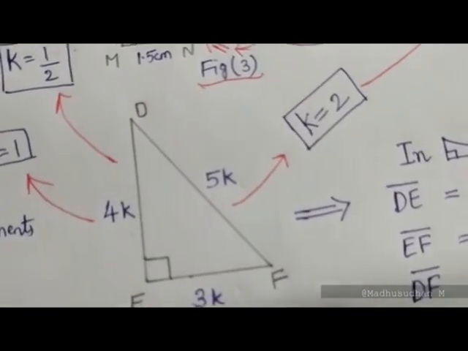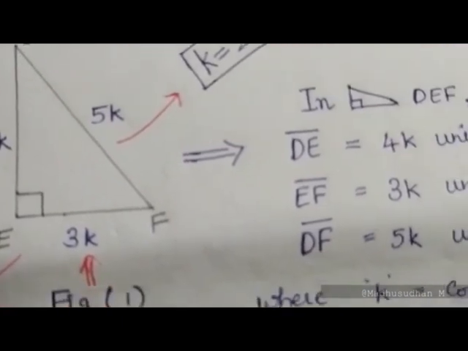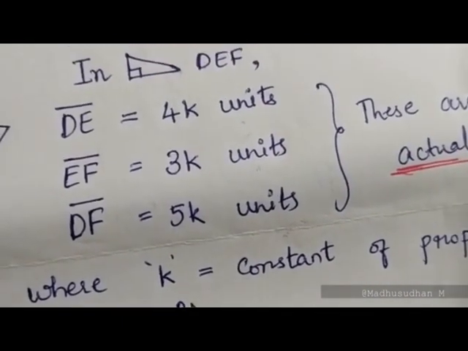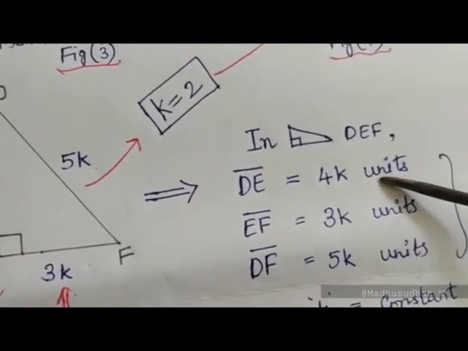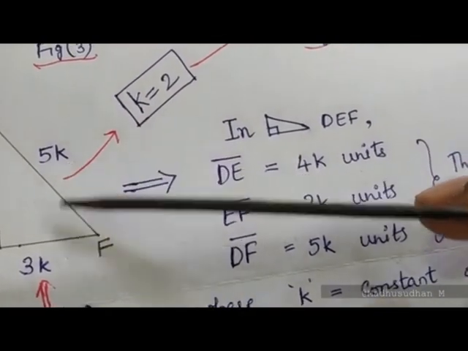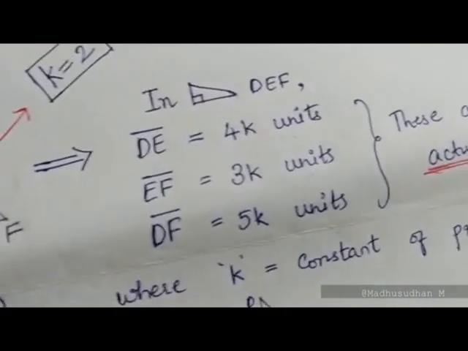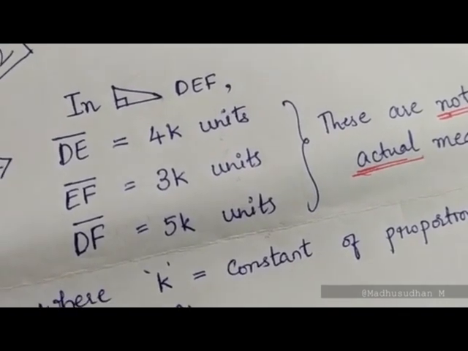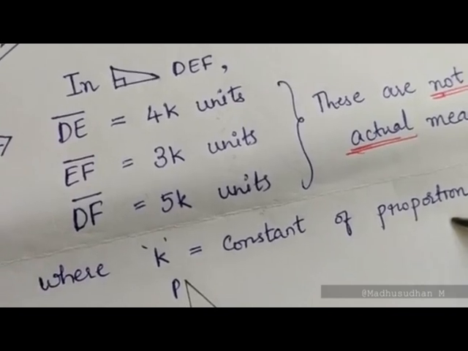So in this right angled triangle DEF, K is called the constant of proportionality, and whatever measurements you found, DE equal to 4K units, DF equal to 5K units and 3K units for EF, these are not the actual measurement. So this is one important point. Wherever we get that, K is nothing but the constant of proportionality.